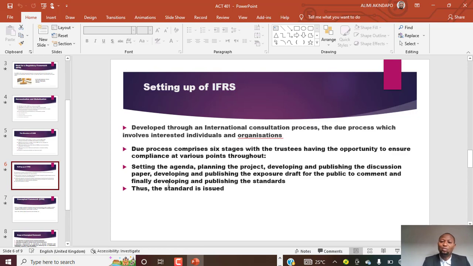The due process comprises 6 stages, with the trustees having the opportunity to ensure compliance at various points throughout: one, setting the agenda, planning the projects, developing and publishing the discussion paper, developing and publishing the exposure drafts for the public to make their comments, and finally, developing and publishing the standard called the IFRS. Thus, the standard is issued for public consumption.